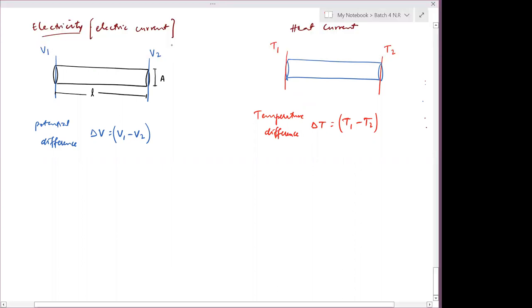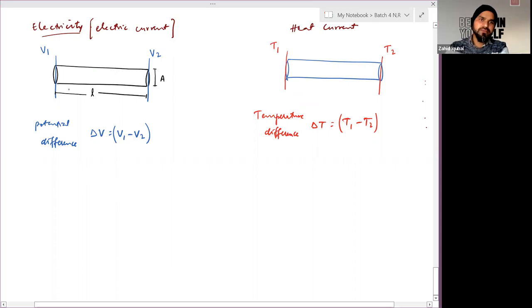Okay. Next, for every object, if there is flow of current or charge through it, there will be some opposition offered to that flow, which is called resistance. You must have learned about resistance in class 10th. R equals rho L by A, where rho is resistivity, L is length of conductor, and A is area of cross section.